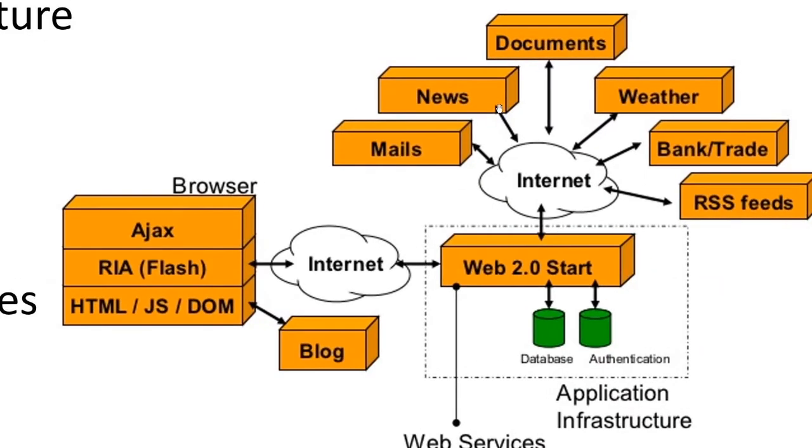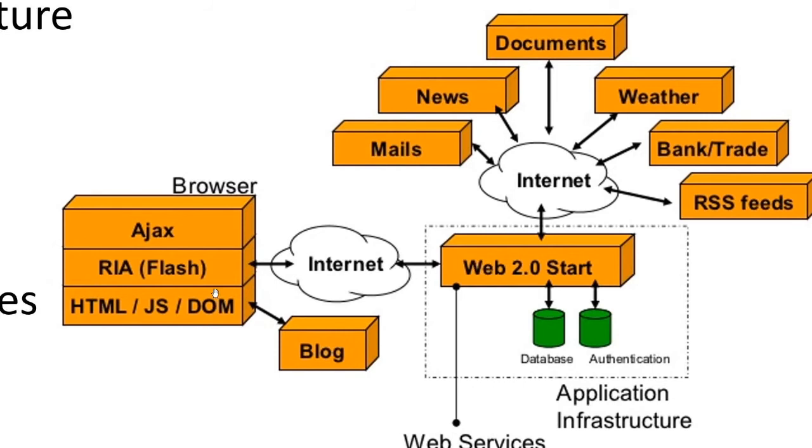Many moving parts. I could have email, news, weather, banking, RSS feeds, documents, all coming in and out of the internet to our web server, which has maybe a user authentication module going to a directory service and a database.